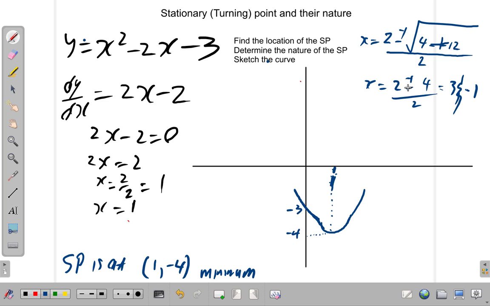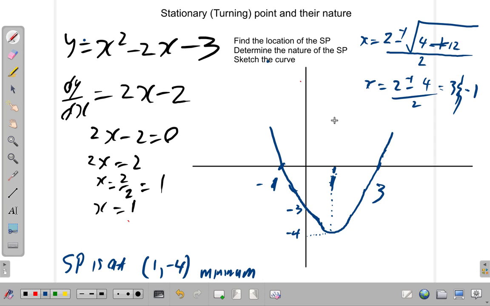Let's check again: 2 minus 4 is -2, over 2, -1. Alright, so we see that the curve cuts the x-axis at 3 and -1. So if you were to sketch the curve, it would look something like this.